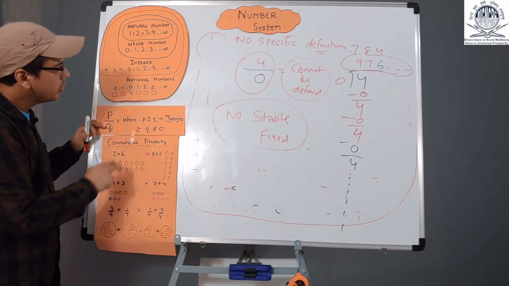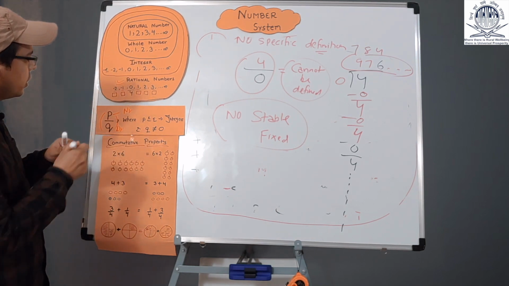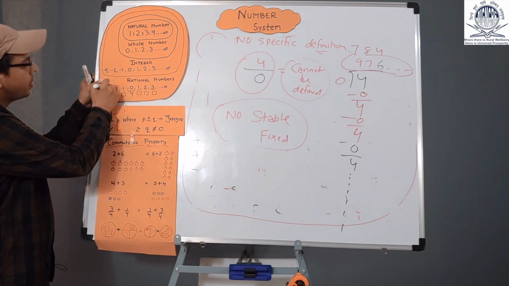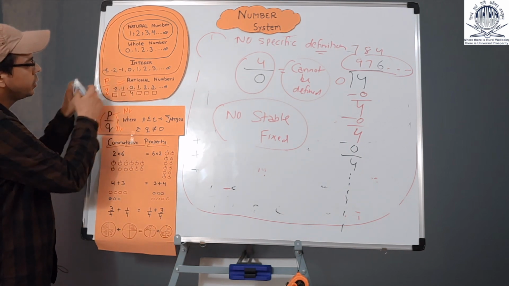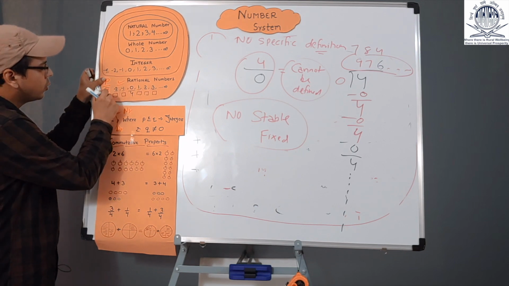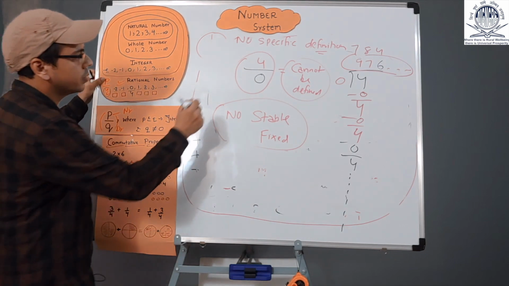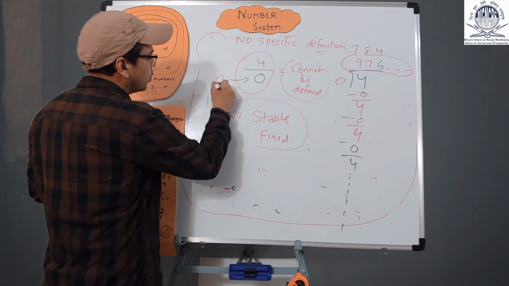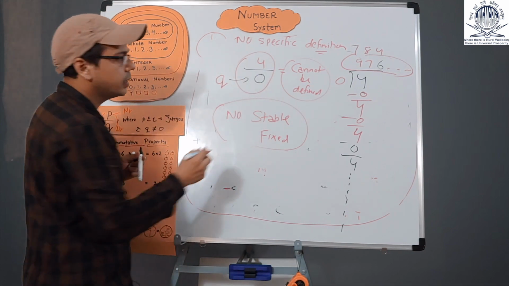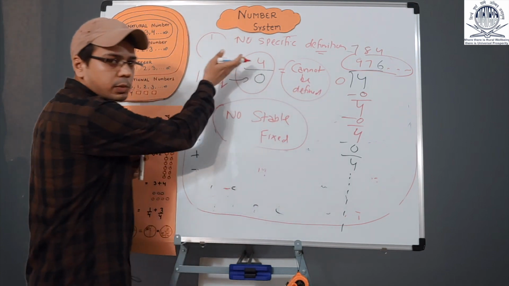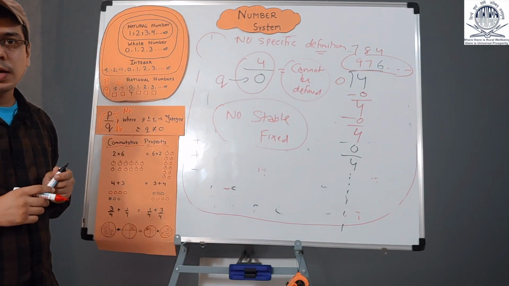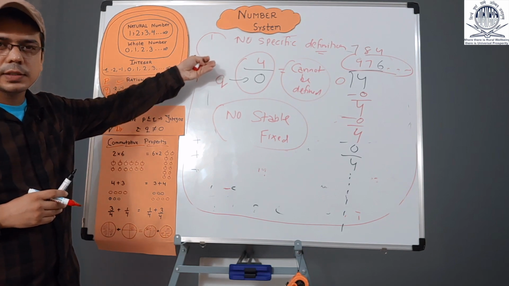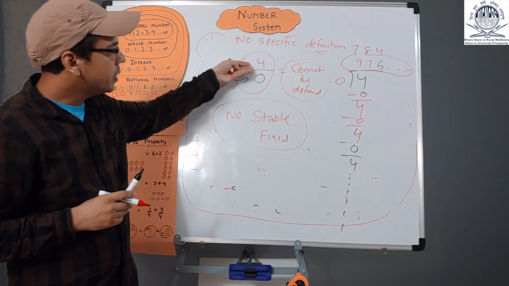Can you let me know why this rational number can be P by Q, but this Q cannot be 0? What happens when this Q is 0? When this Q is 0, it cannot divide the number above. And that's why when we have rational numbers or fractions, we cannot divide that by 0.